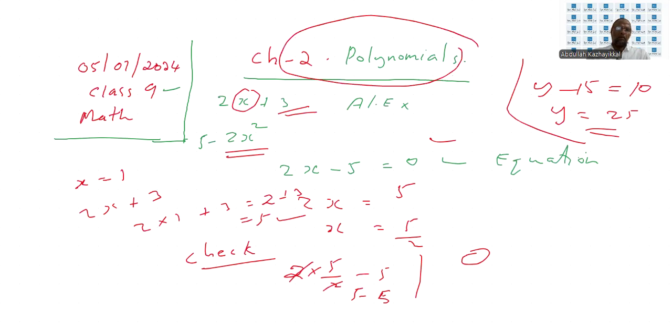Your chapter is polynomial. This is an algebraic expression. This is an equation. Yes, it is an algebraic expression, 3y minus 8.